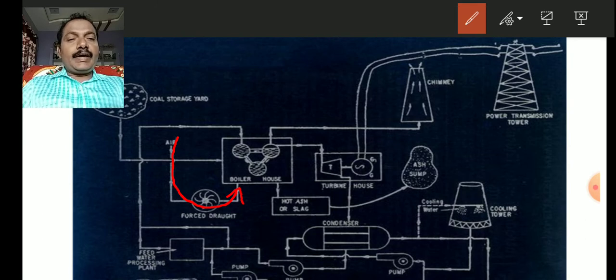Without air, fire cannot be generated. So air is available. So this air is in the boiler. The steam is produced because of these fuel, coal and air inputs. The fire is generated which boils the water and steam is produced.